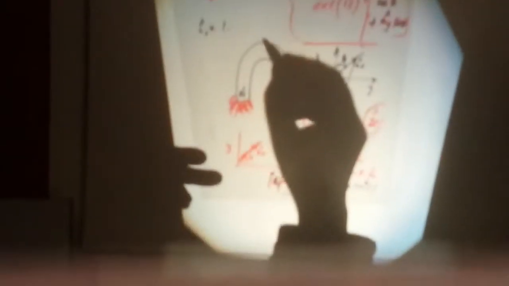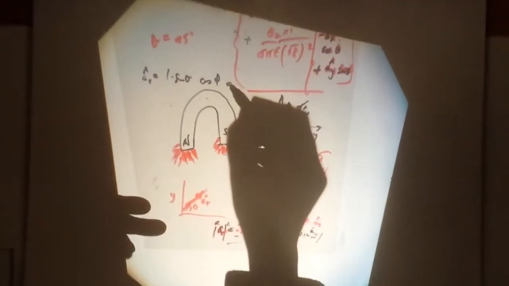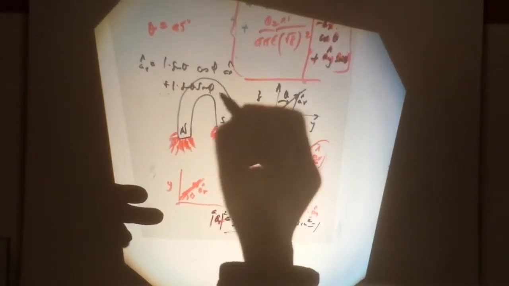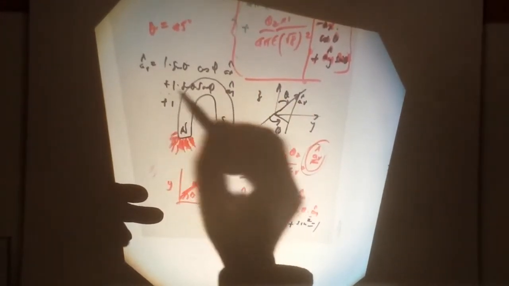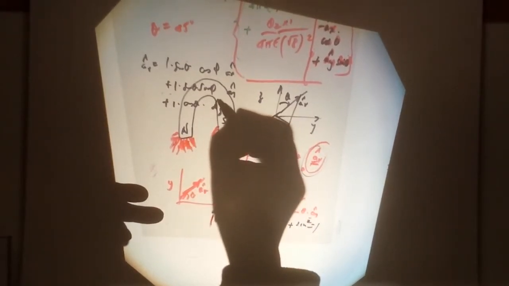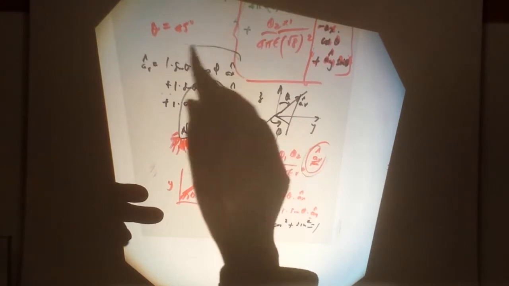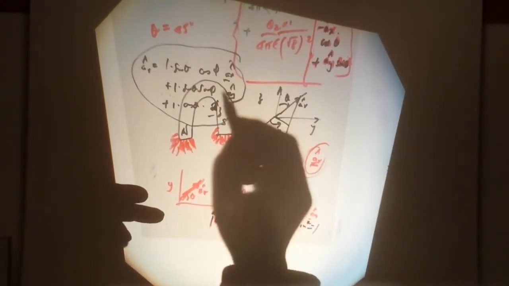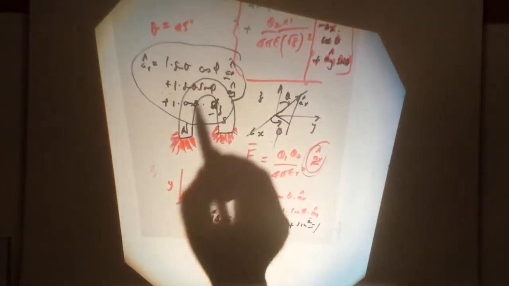So therefore, the unit vector a_r is given by 1 times sin theta cos phi on a_x plus 1 sin theta sin phi on a_y plus 1 times cosine of theta on a_z. So this is for 3D, and you can find out these are unit vectors.